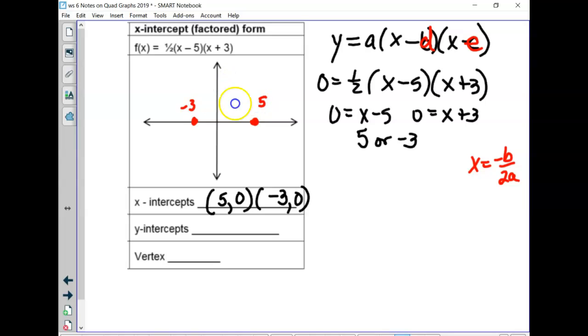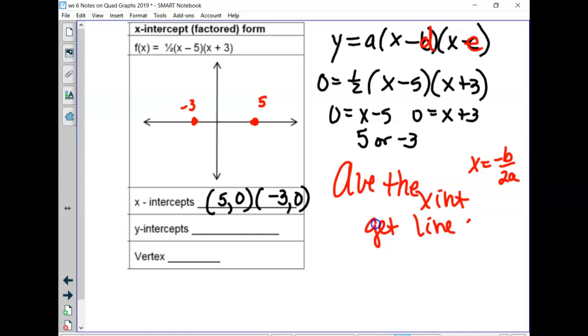How do we find, when these are the x-intercepts, the line of symmetry? I think it was Martin. Maybe it was Xavier. Average, right? If we average the x-intercepts, we'll get the line of symmetry, which is also the x value of the vertex.